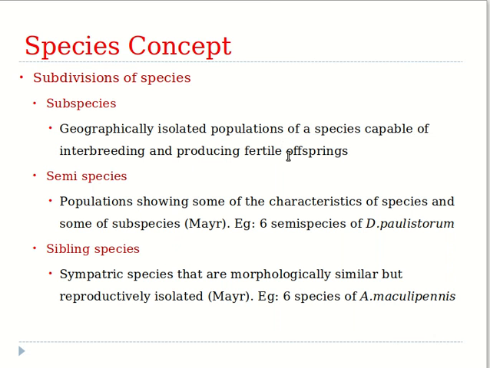Such populations are known as subspecies. They are capable of interbreeding and can produce fertile offspring, but they cannot interbreed just because the two populations are geographically isolated. If there is a large river or an ocean separating two populations of the same species, they cannot interbreed because of the barrier. Those two populations are considered to be subspecies.